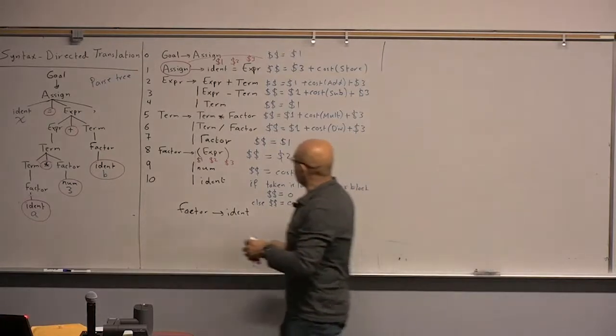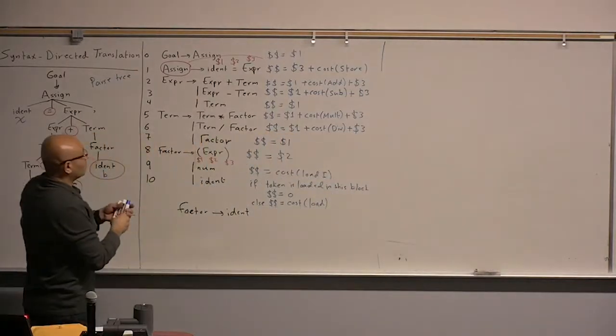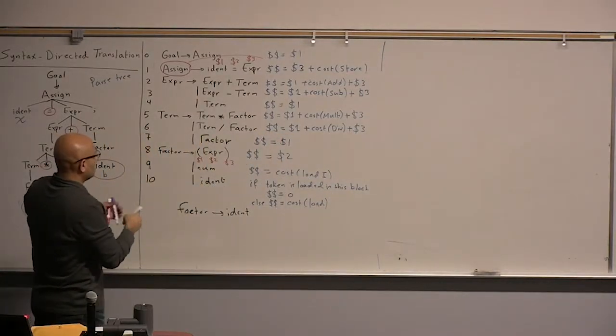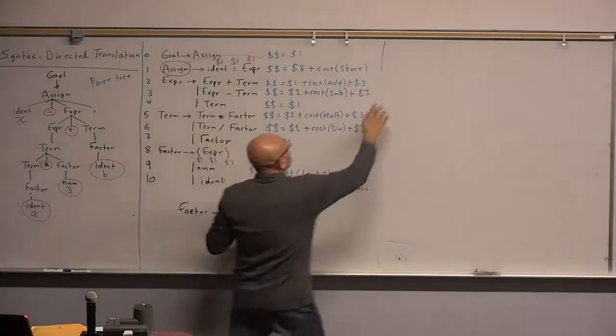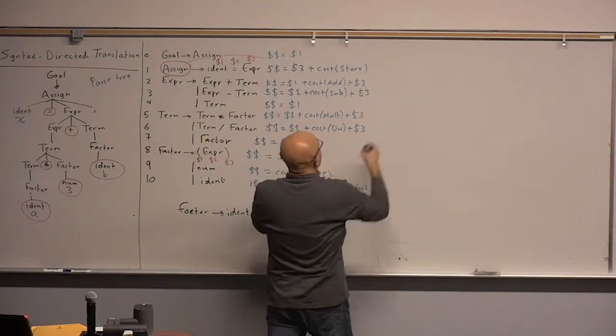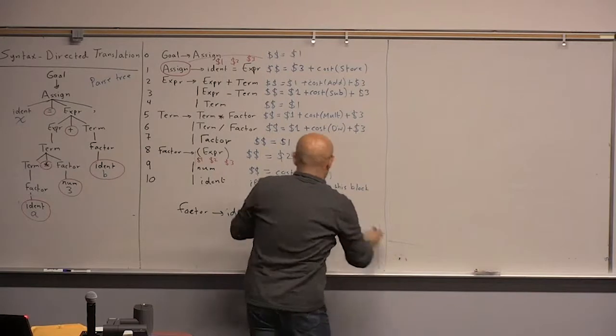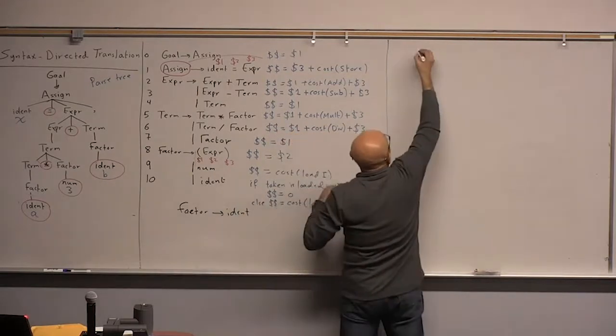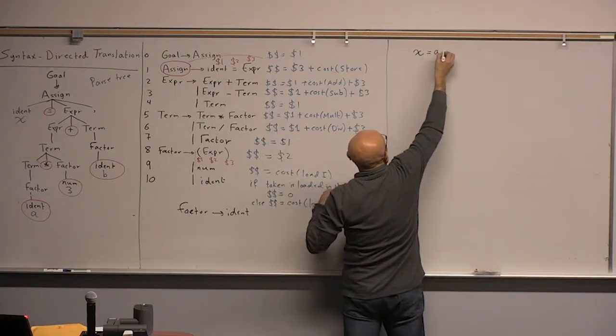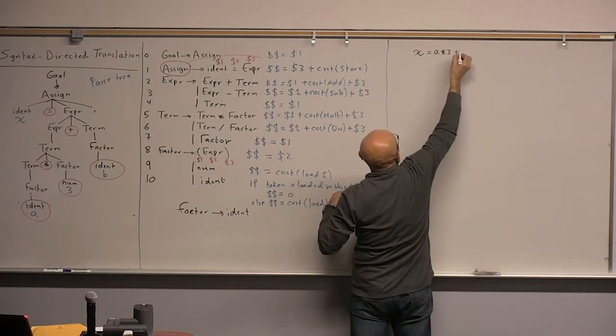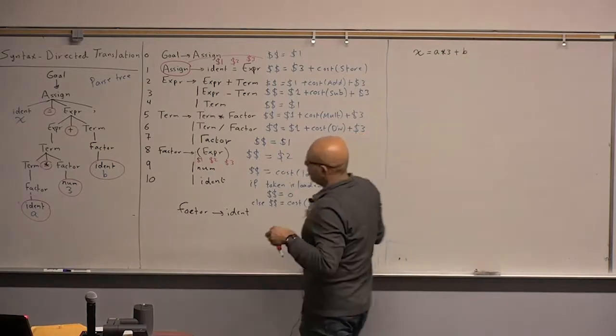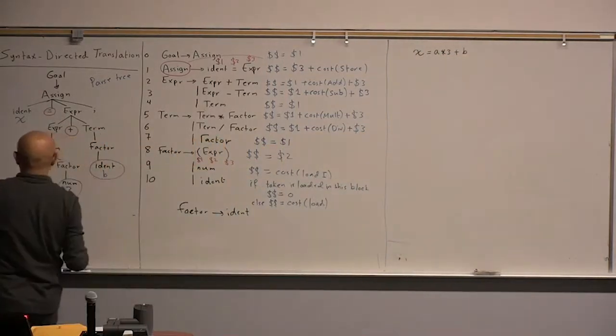I deleted the numbers, but that's fine. So let's take this example: X equals A times 3 plus B, for which we have the tree here.